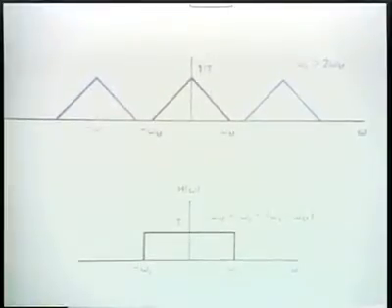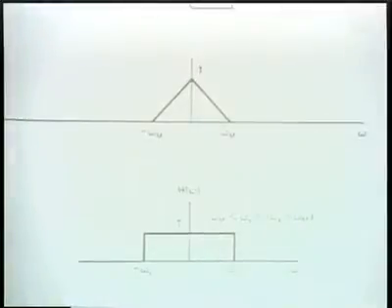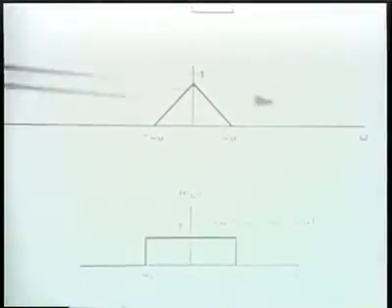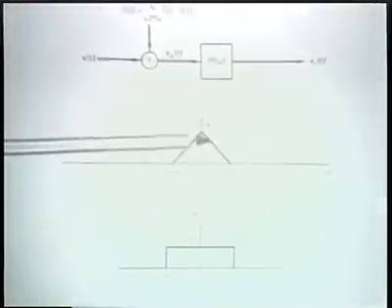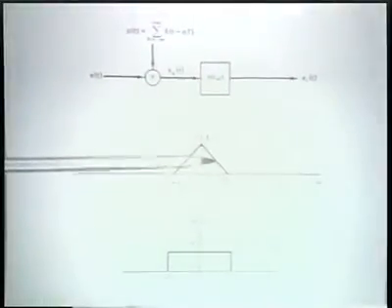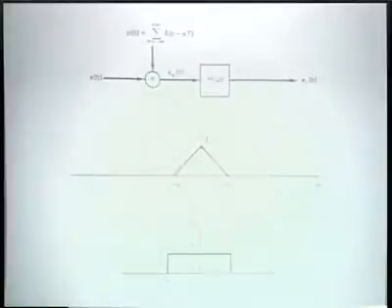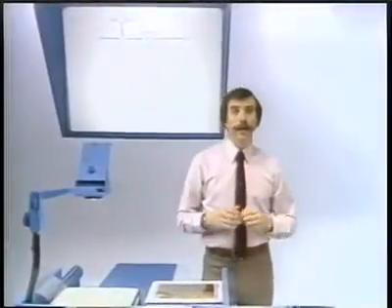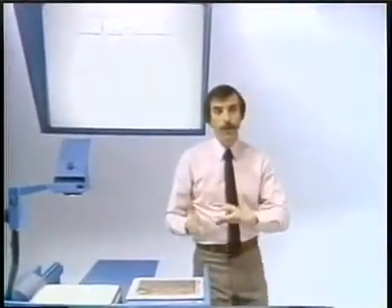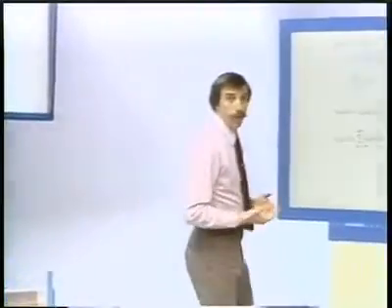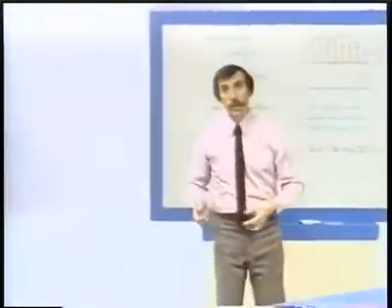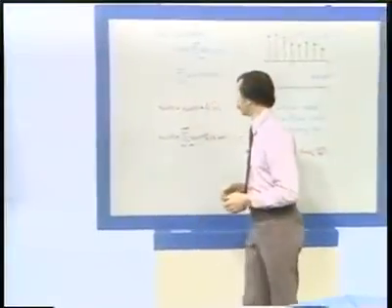What we're left with is the spectrum of the reconstructed signal, which for the case of an ideal low-pass filter is exactly equal to the spectrum of the original signal. Now, that is the frequency domain picture of the sampling and reconstruction. Let's also look at basically the same process, but examine it now in the time domain.